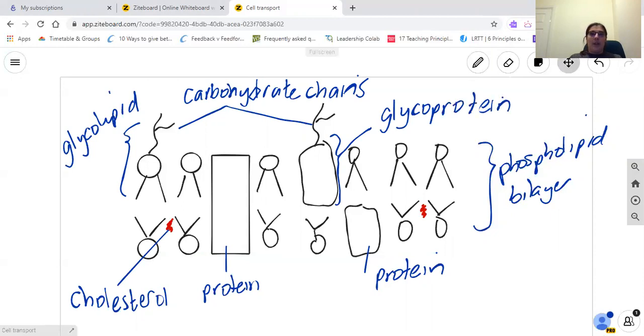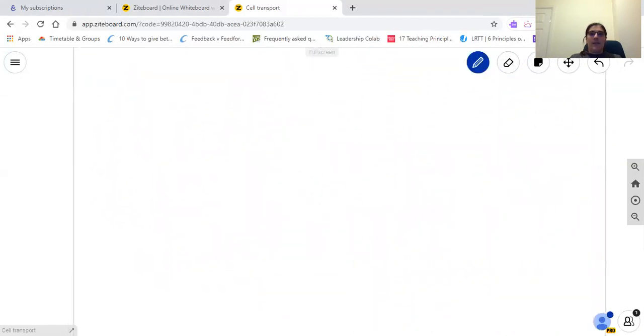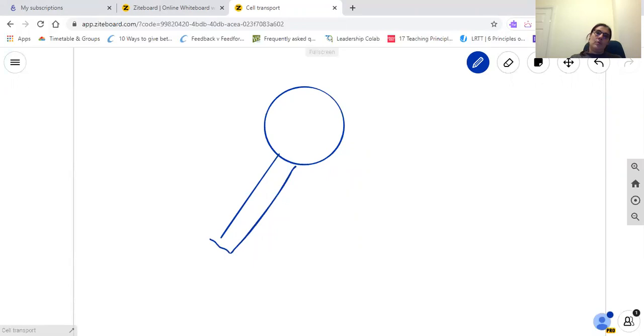Now, if we start by looking at the phospholipids themselves, we can see that their structure is drawn as a circle with essentially two tails. This is the head.